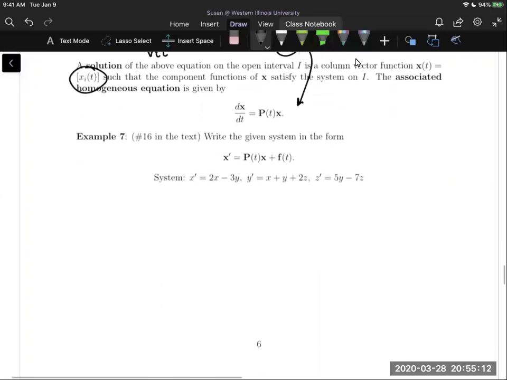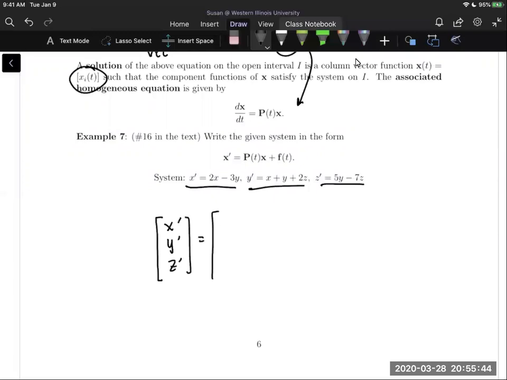All right, so for example 7, what we want to do is just get some practice in writing this differential system in terms of this matrix format. We have 3 first-order DEs, and I am going to write this in the following way: x prime, y prime, z prime equals, and now I'm going to pick off my coefficients.